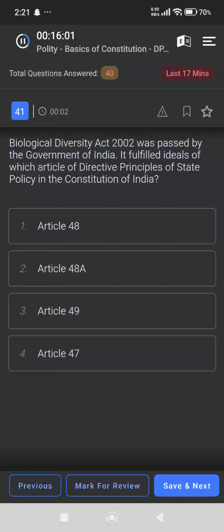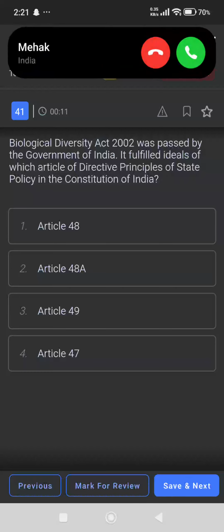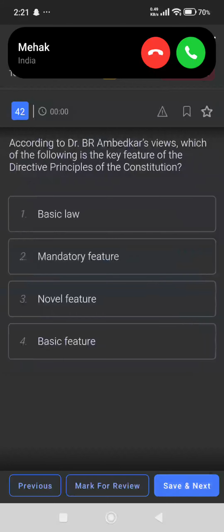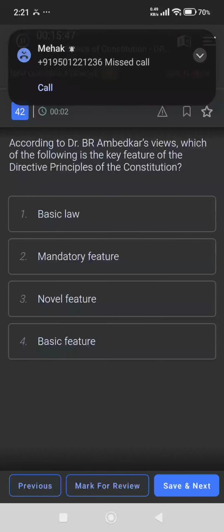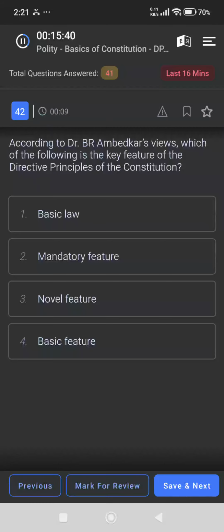The Biological Diversity Act 2002 was passed by the Government of India. It fulfilled the ideals of which article? Article 48A. According to B.R. Ambedkar's views, which of the following is the key feature of DPSP?